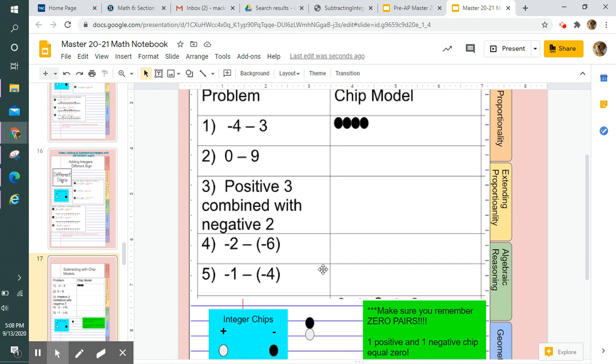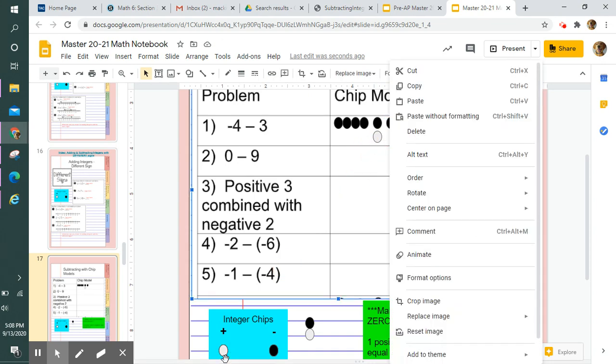So I'm going to take 1 negative and 1 positive, because that's equal to 0. I'm going to take another negative and another positive, because that's also equal to 0.